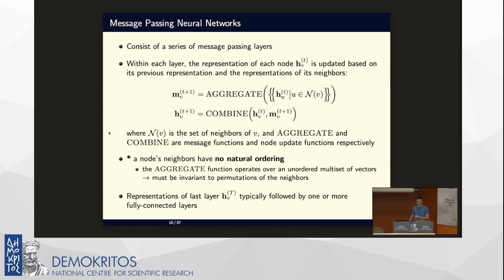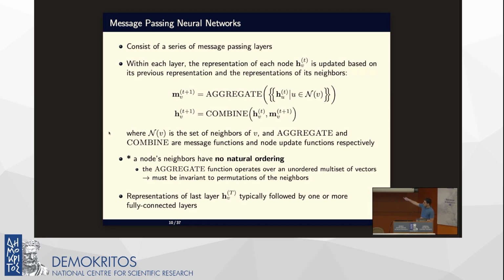And within each message passing layer, we just update the feature vector of its node. So this vector h_v is the vector of node v at layer t+1. And here we just focus on node v, and we see how we update its representation.